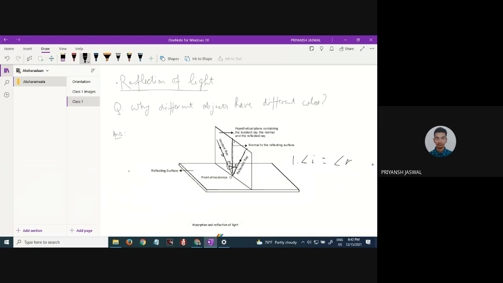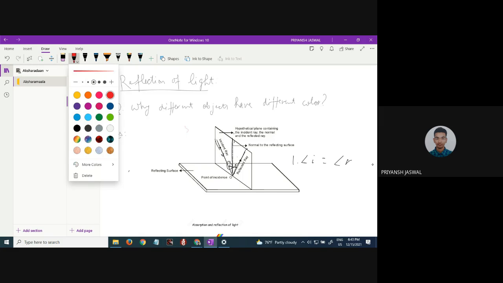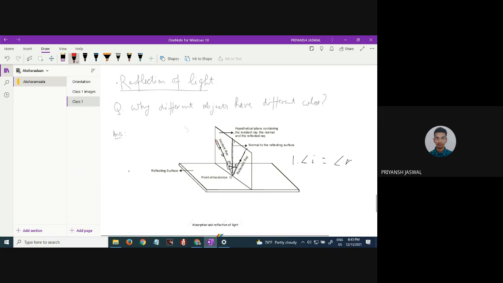This is the first law, and the second law says that the incident ray, this one, the reflected ray, this one, and this normal, they all lie in this same plane.